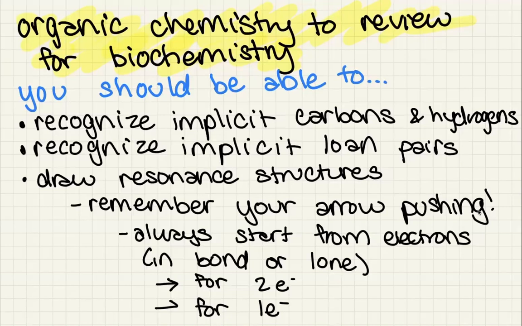Most commonly we're going to be dealing with electron pairs, and so we're going to use this double-headed arrow. If we're dealing with a single electron, we're going to use a single-headed arrow, but most of the time we're talking about the movement of two electrons, and so you're going to see a lot of this double-headed arrow.